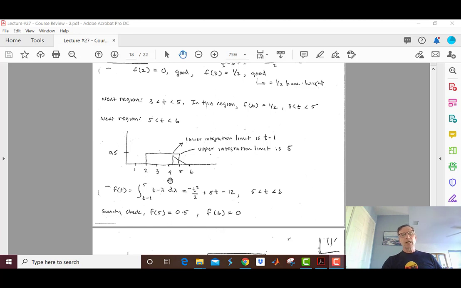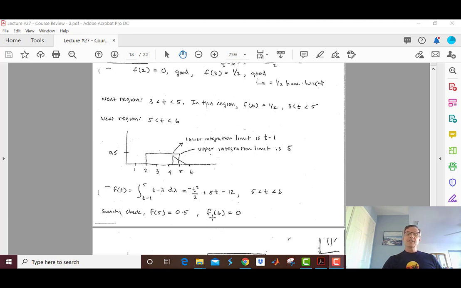So again, we have our t minus lambda dt, and we work through all that, and we get this function here. Now our sanity check is going to say that f of 5 is going to be 1/2, because that's the very last point where the triangle is completely inside, or in other words, its little nose is right here at 5.